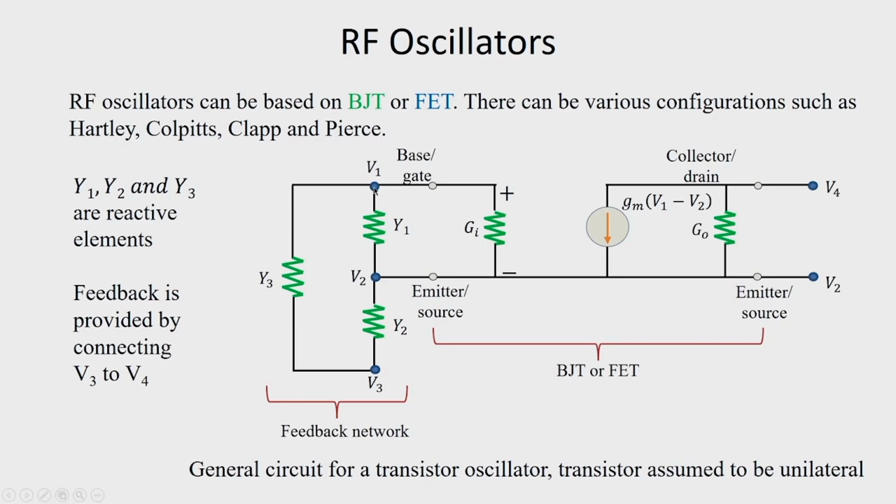If we consider this node and apply KCL, then the sum of the currents given by (V1 minus V2) into Y1, (V1 minus V2) into G_I, (V1 minus V3) into Y3, must be equal to 0, and we can carry out this analysis for voltage nodes 1, 2, 3, 4.